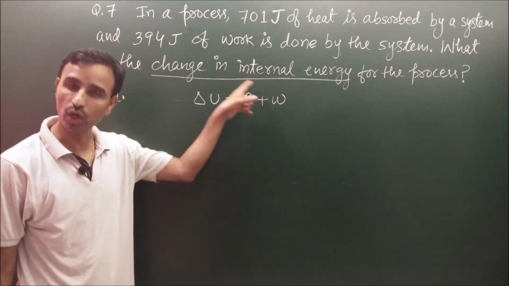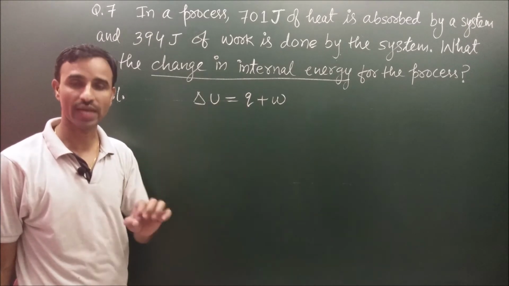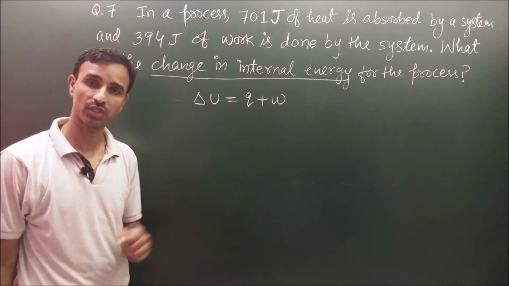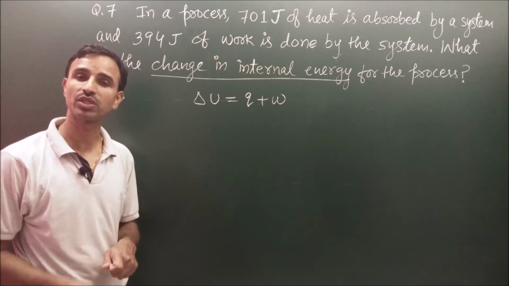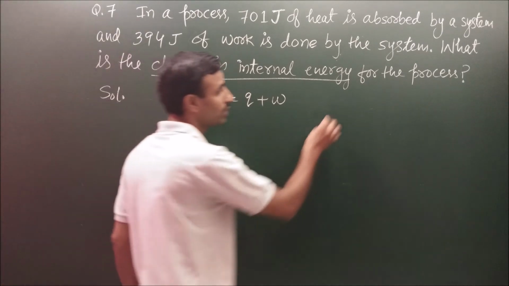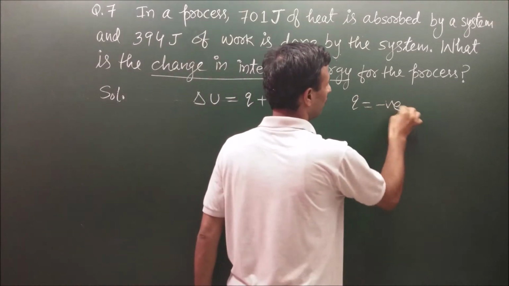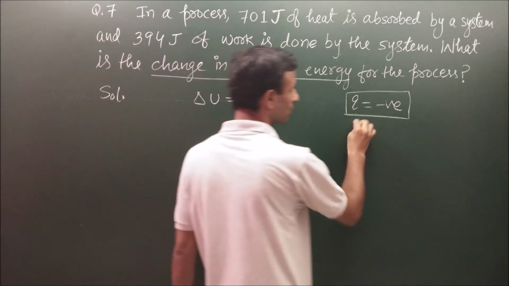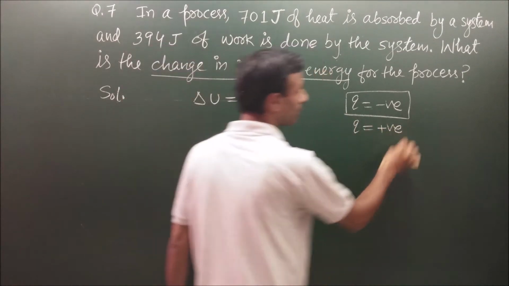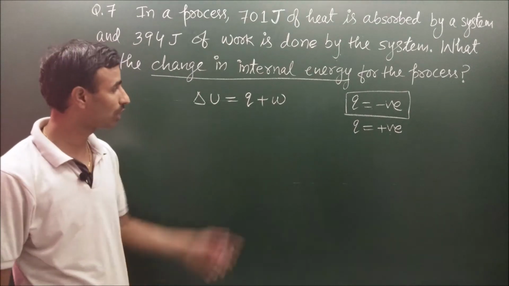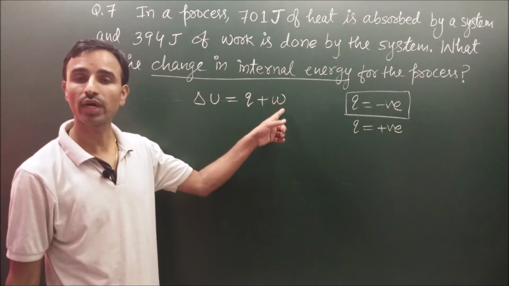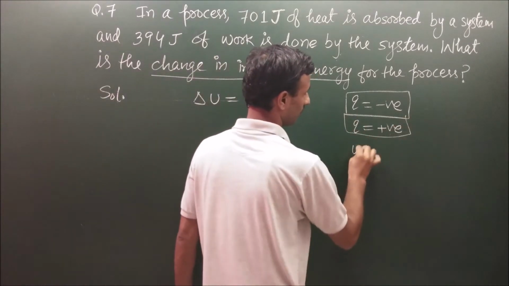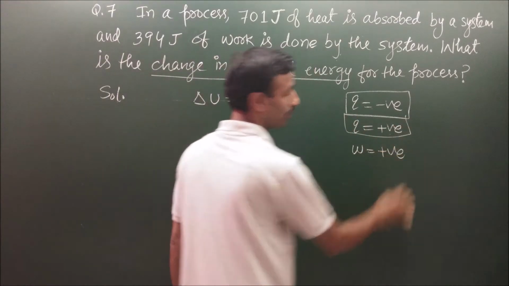If heat is absorbed, its sign convention is positive. If heat is released by the system, then the sign convention is negative. So Q is negative when heat is released by the system. Q is positive when heat is absorbed by the system. Now come to the W. W is work done. If work is done on the system, then W is positive.